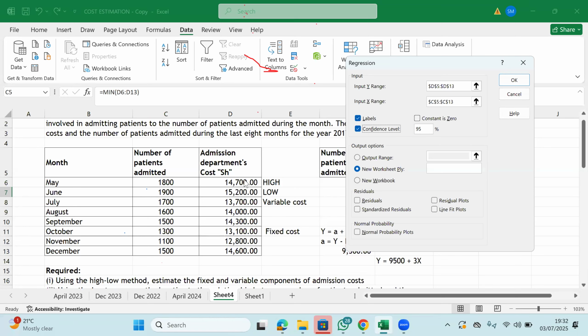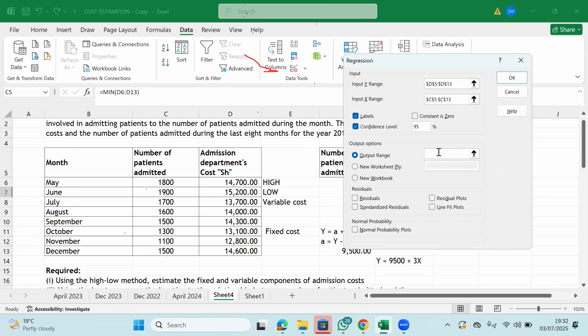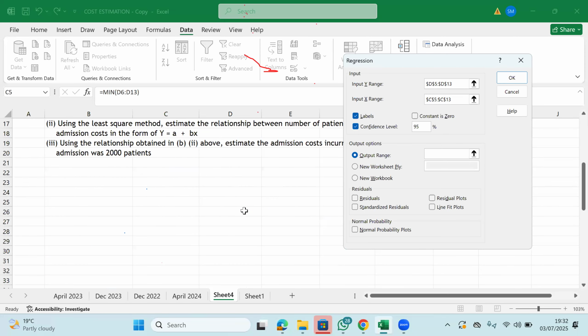Then the first one is asking us for the output range. So we need to define what our output range is. How do we define our output range? If we use the output range, in real sense it means we want our results to appear in the same sheet that we are currently using, but from a particular cell.